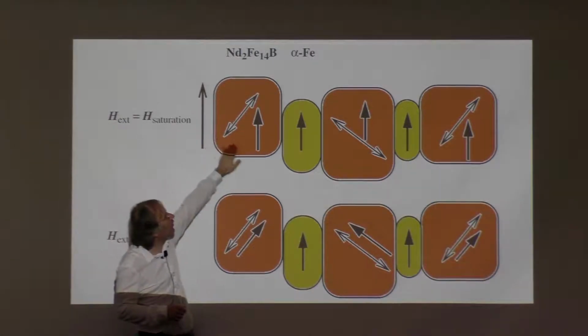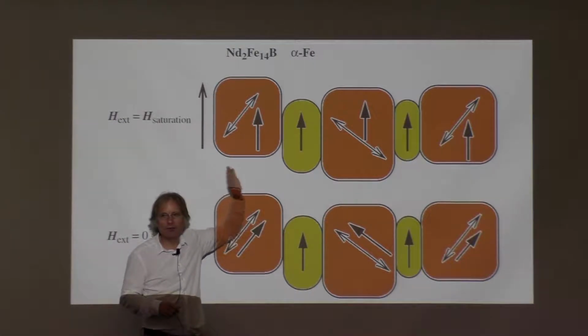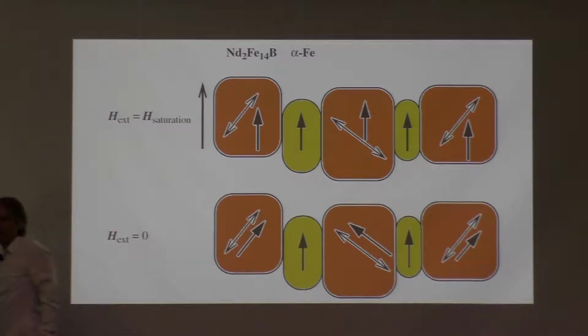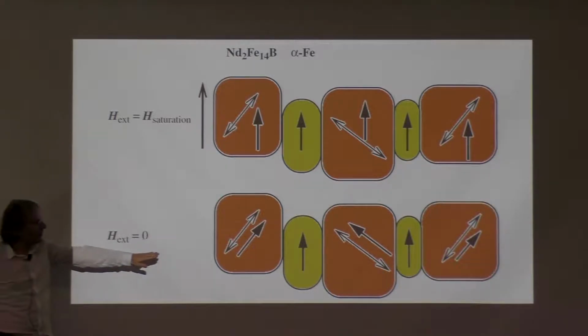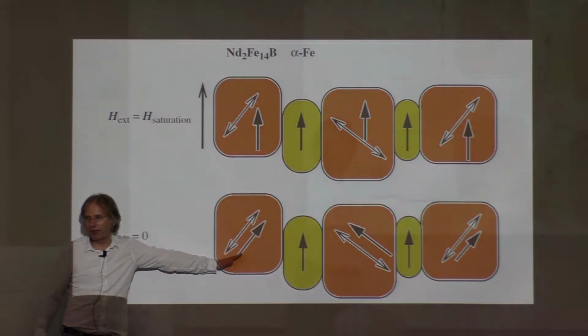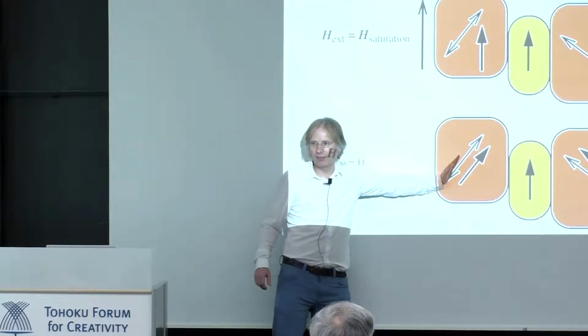These double arrows here basically give the anisotropy direction of the hard magnetic grains. If I now switch off my external field, then the magnetic moment in the hard magnetic grains will rotate parallel to the easy axis.